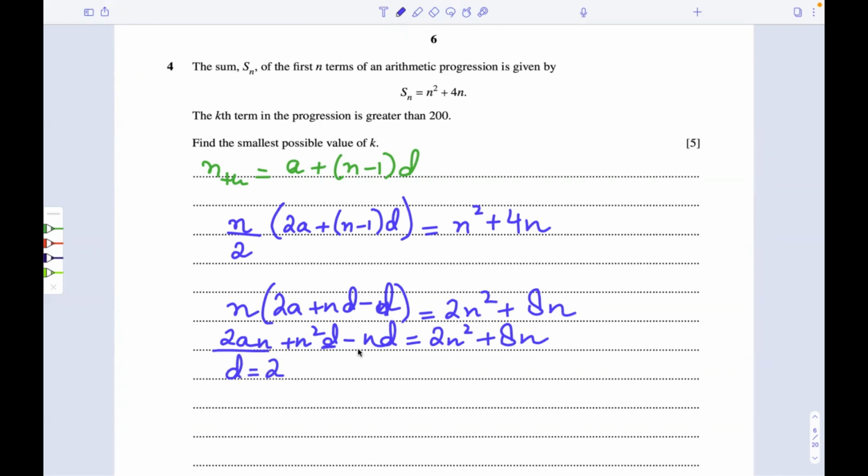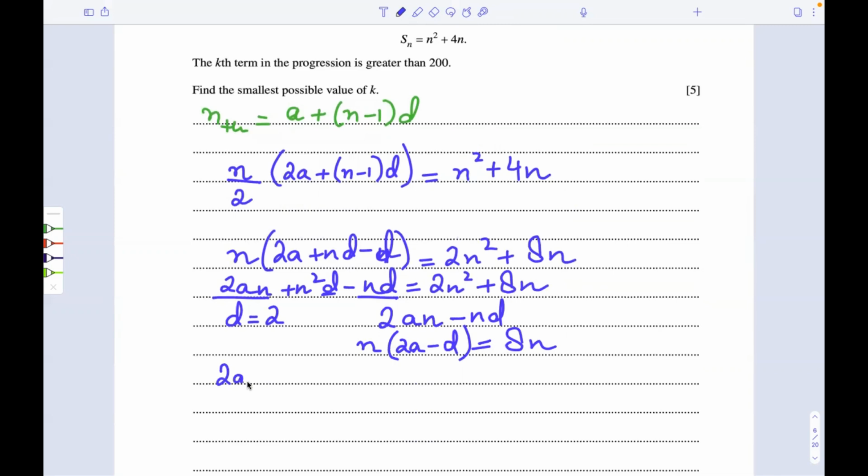The coefficient of n over here can be written as 2an minus nd. Taking n common, we have 2a minus d. And on the right hand side, the coefficient of n was 8. So we can say that 2a minus d is equal to 8.